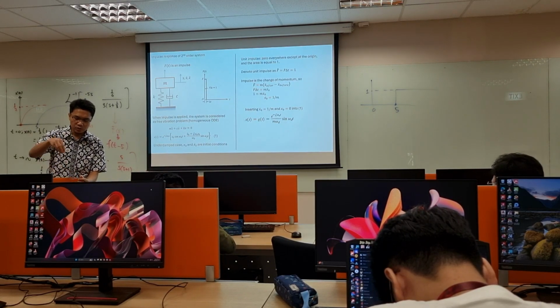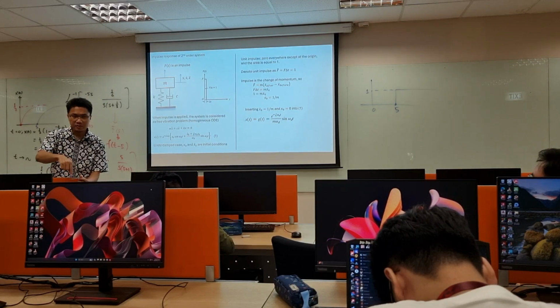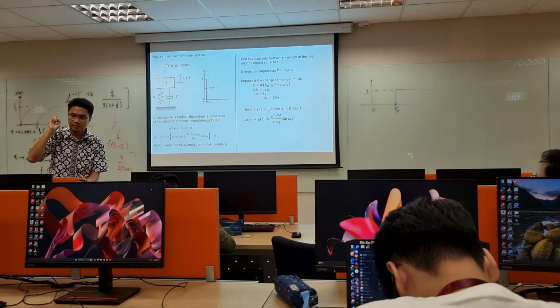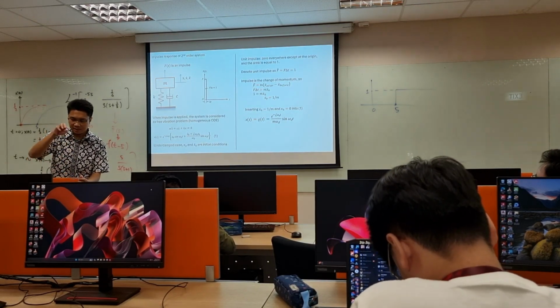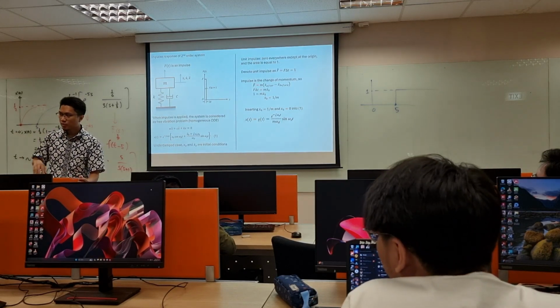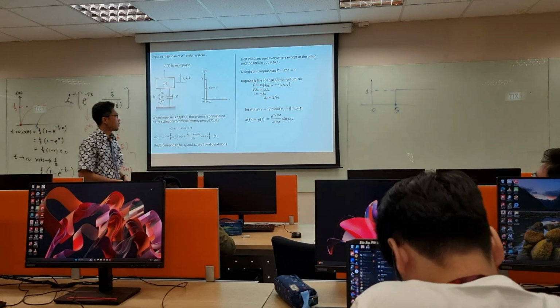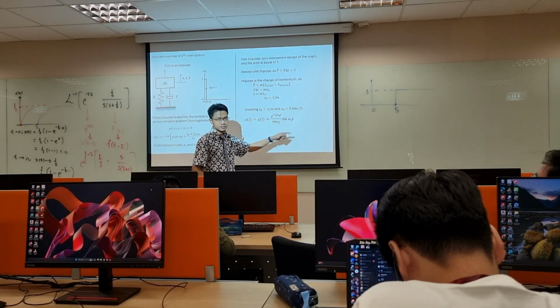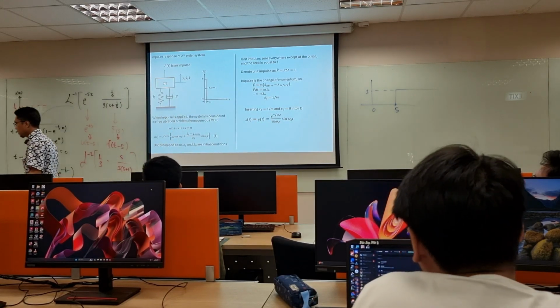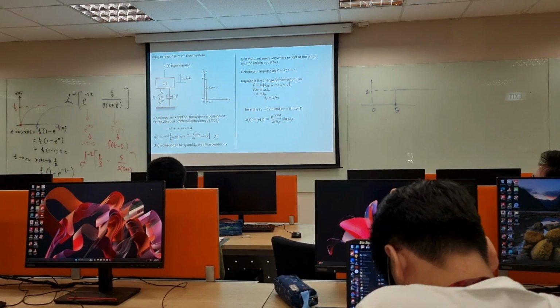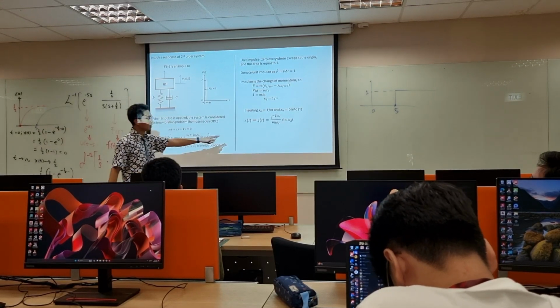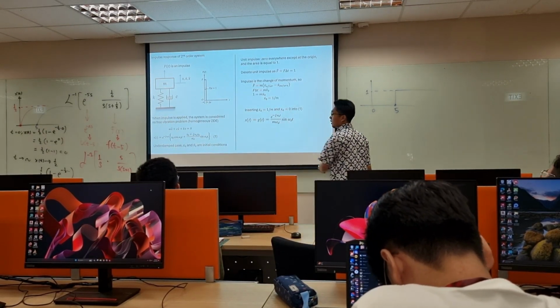So let's say you use a laser to measure the displacement when this happens, and then you plot the curve. How is it going to look like?